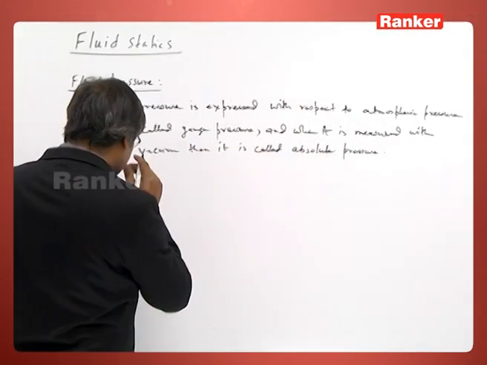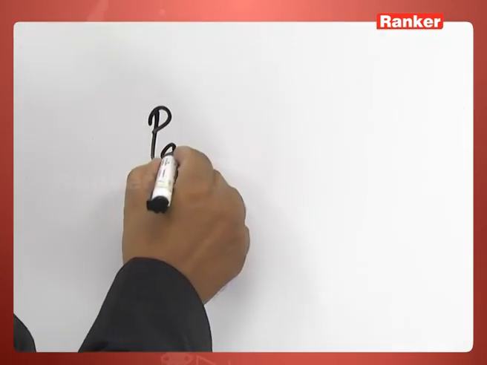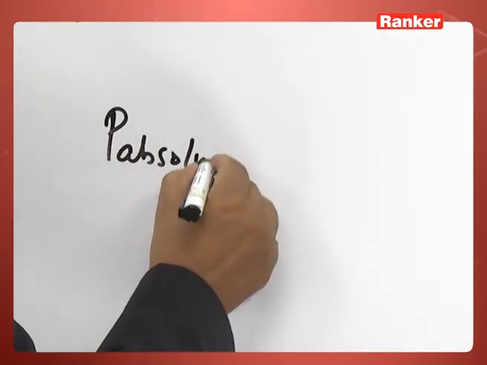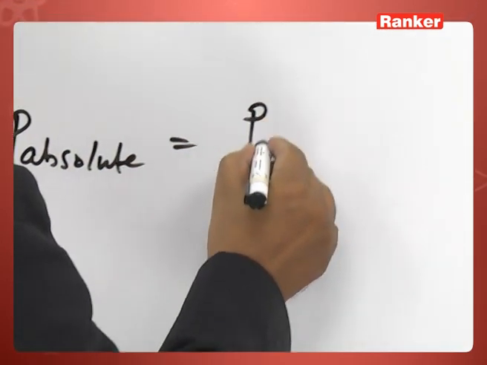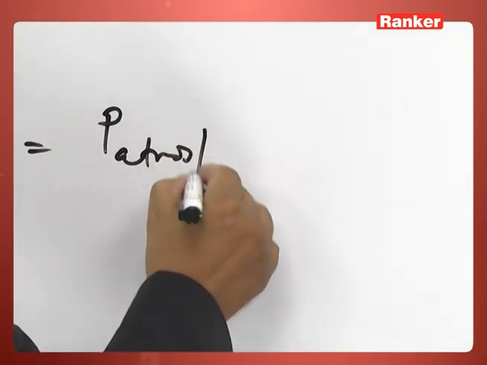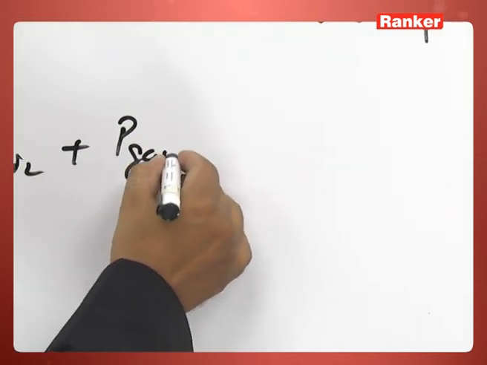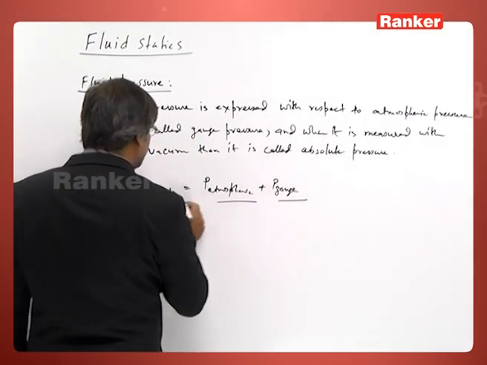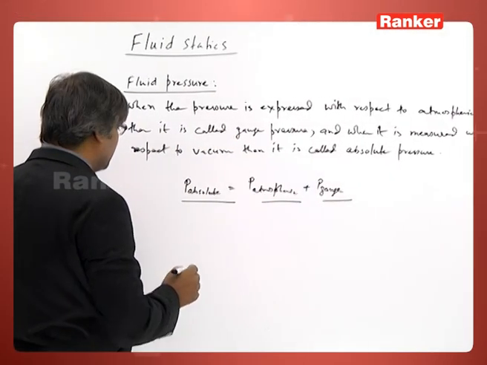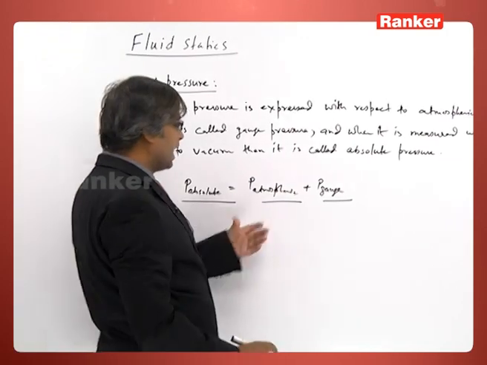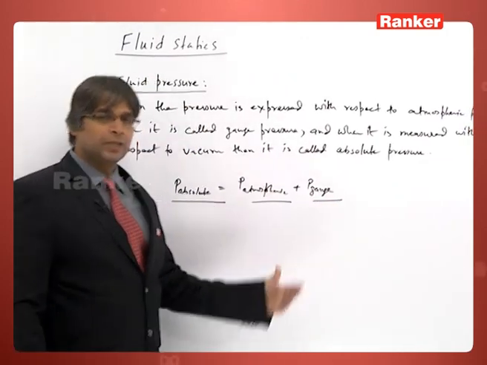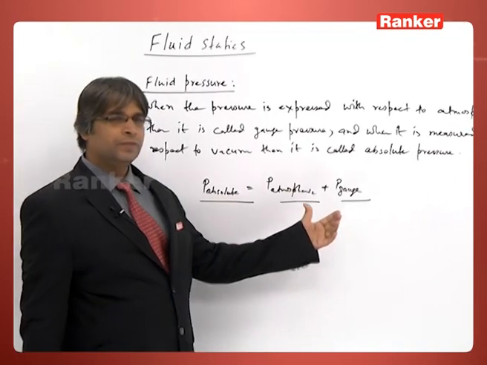So, you can see P absolute can be written as P atmospheric plus P gauge. This is how the absolute pressure, atmospheric pressure and gauge pressure are related.